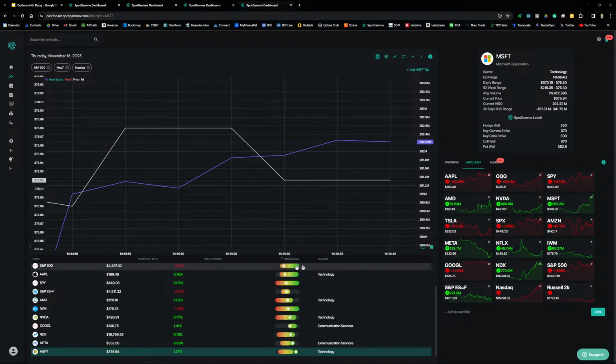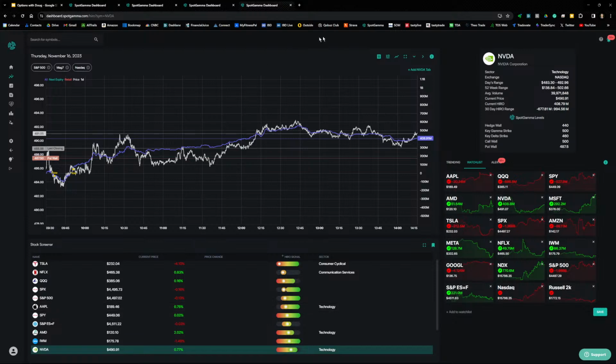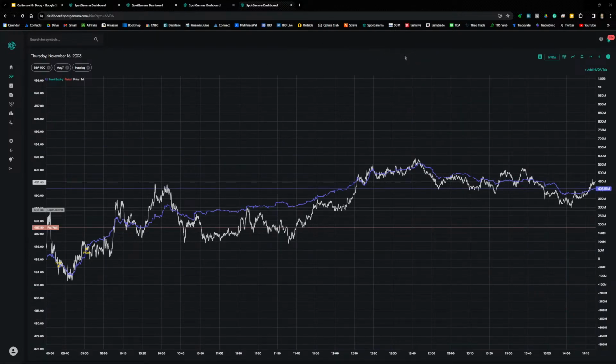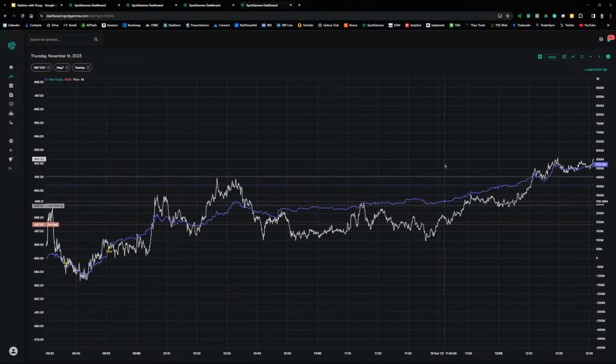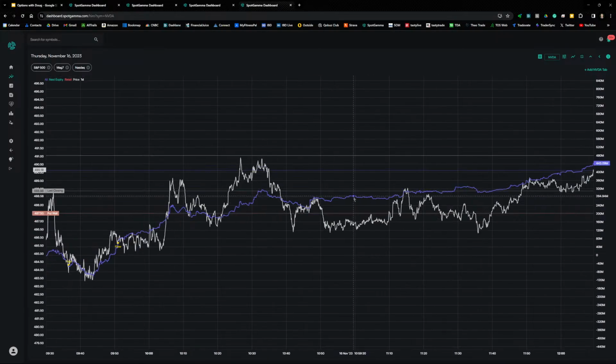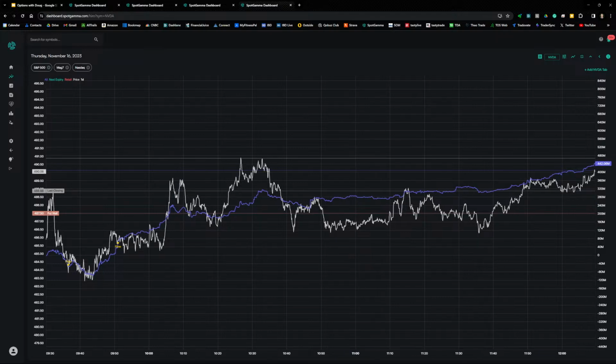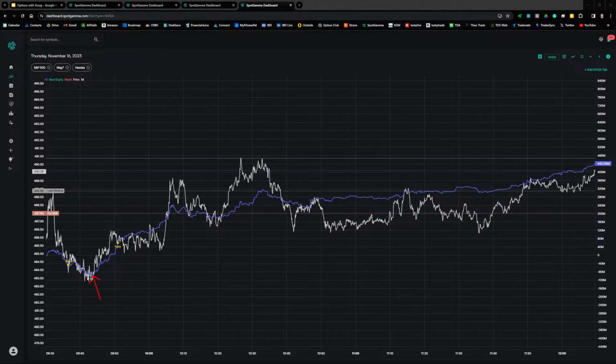The next is Nvidia. Bullish day in Nvidia as well. Going to zoom in on the morning. So an aggressive long entry right around 9:45.